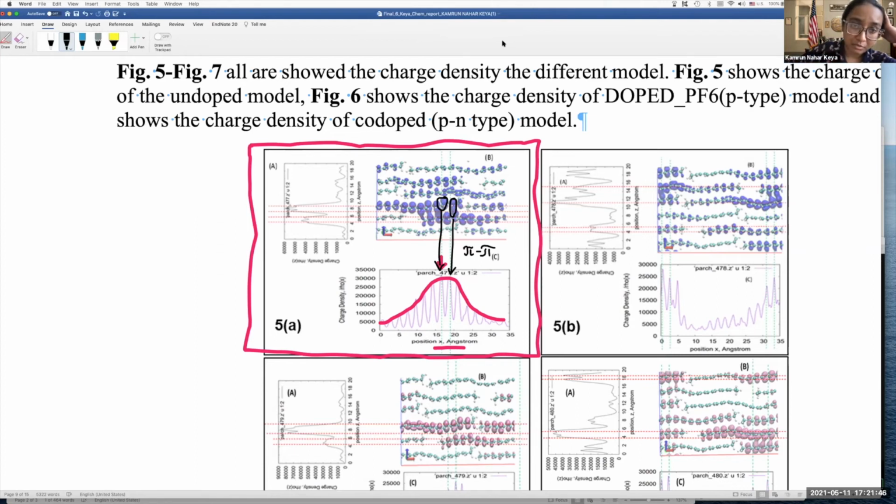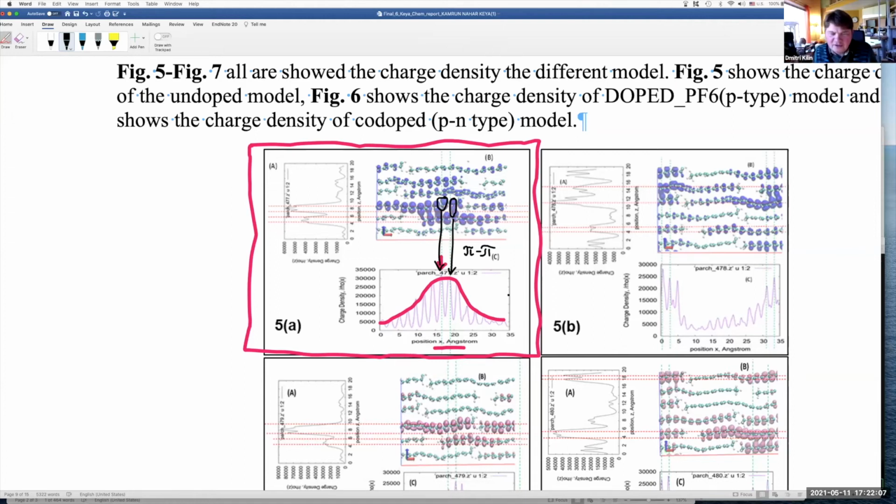But if we go to the middle section, from 15 to 20 in position, it shows maximum density around 35,000.